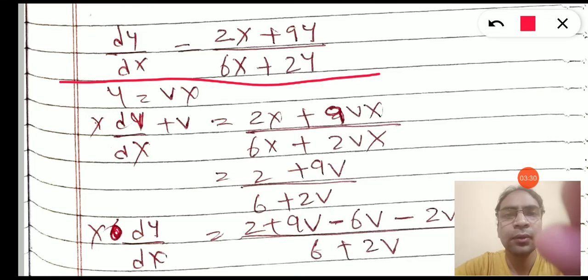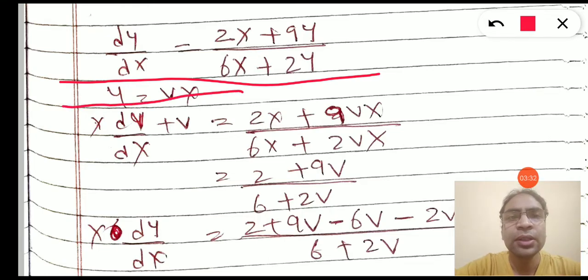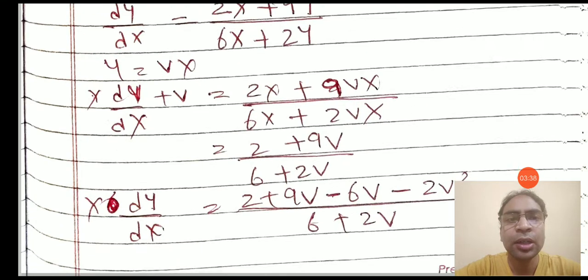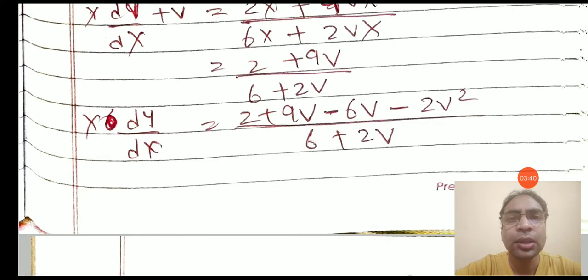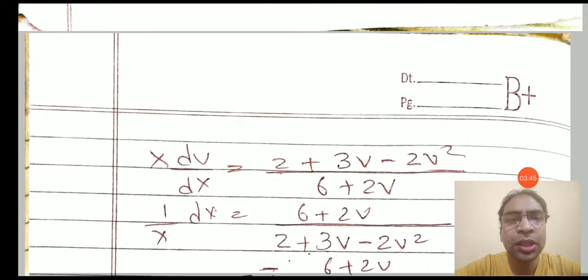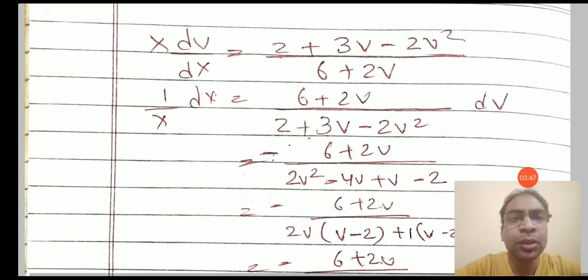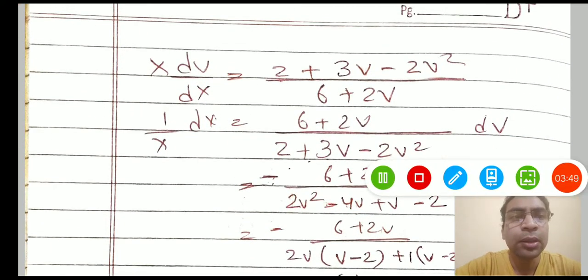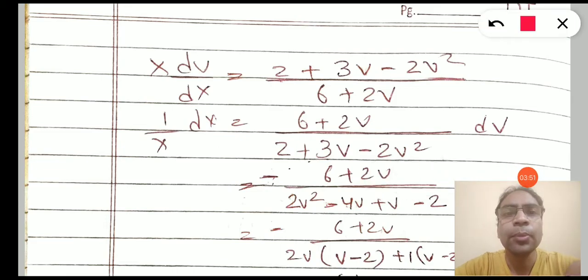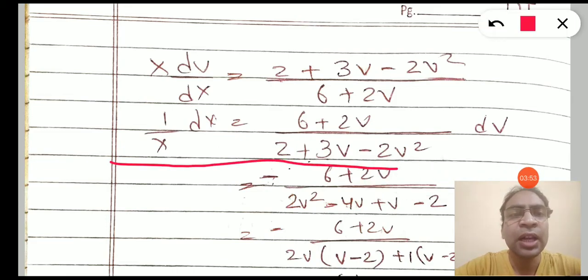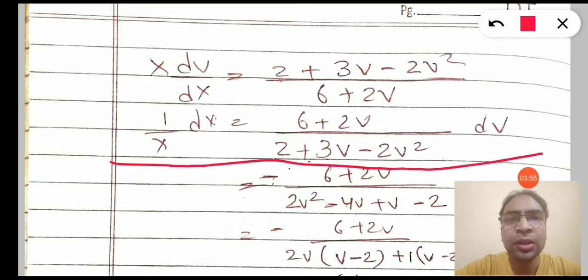So we substitute y is equal to vx, and dy by dx will be substituted. Both these substitutions are to be done into the equation, and just by substituting these values we will be able to convert this into variable separable form. You can see the x values are separated with dx and v values are separated with dv.